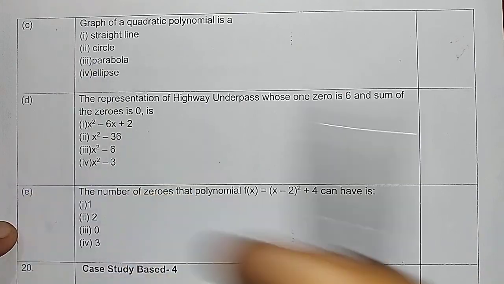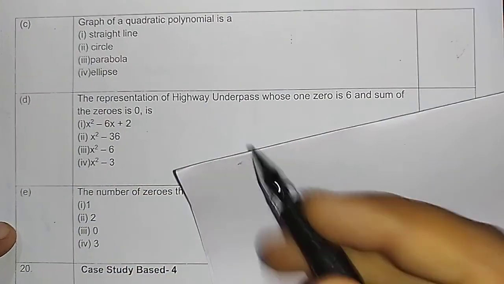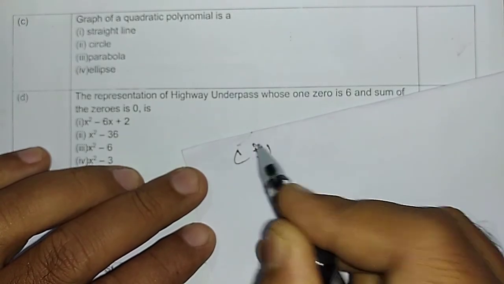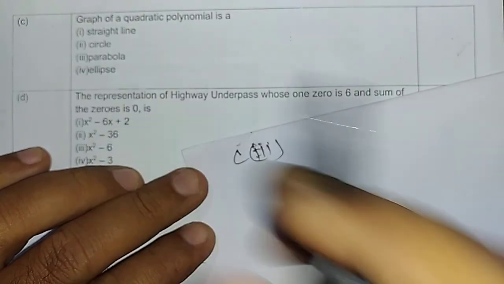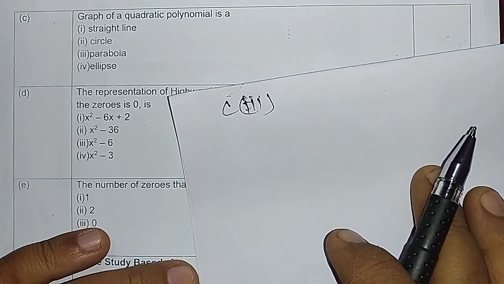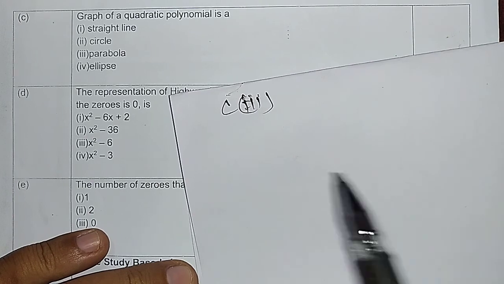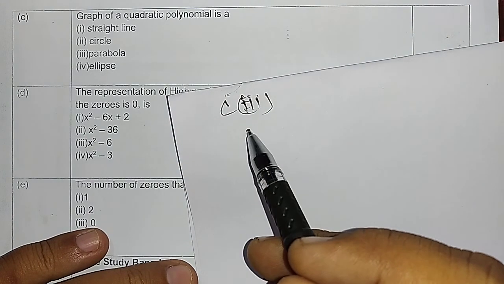So the answer of C is third, which is parabola, because the graph of a quadratic equation is of parabolic shape. So we have to tick or mark question number C third.